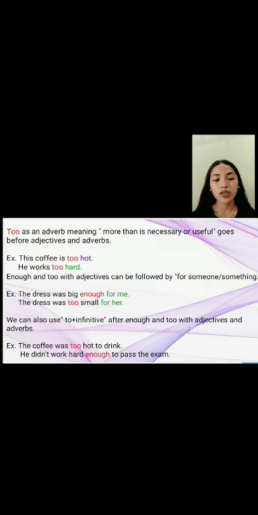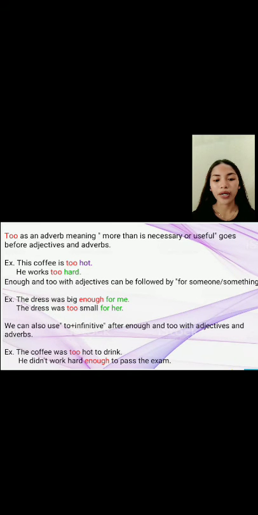So enough and too with adjectives can be followed by for someone or something. So example, the dress was big enough for me. Second, the dress was too small for her. So as we can see, that enough followed by for someone or for something.